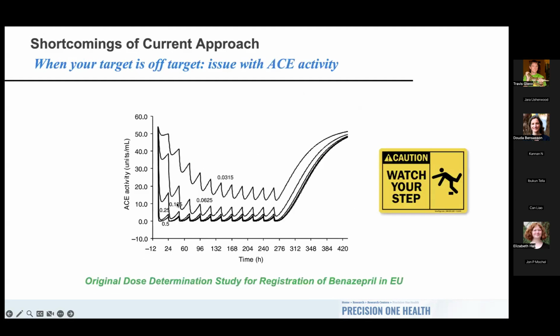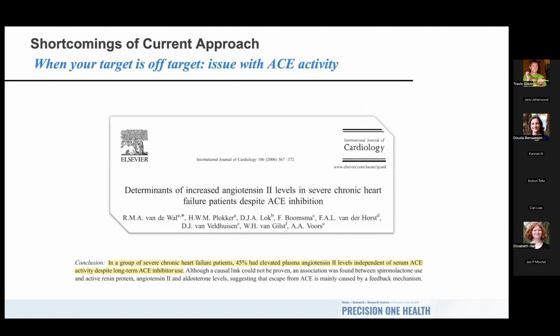And so there is a clinical disconnect between the level of ACE inhibition you see in patients and the amount of angiotensin 2 that they actually produce in their system. And in fact, we know that up to half of patients with complete depletion of ACE activity still have pretty elevated angiotensin 2 levels, which we know are prognostic for morbidity and mortality in patients with cardiac disease.